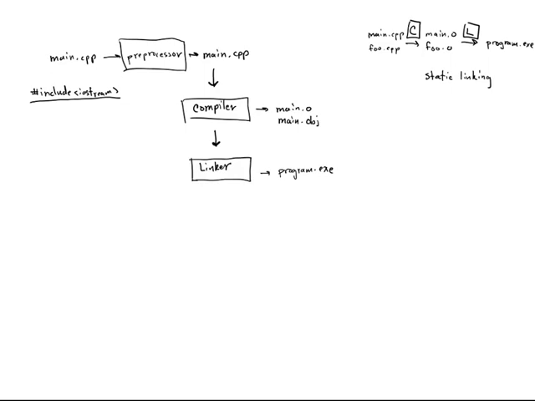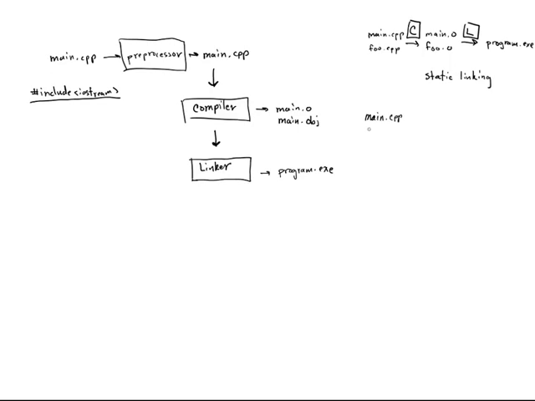So let's say that we have a, well, if we're including the IO stream, what's going to happen here is that we're actually going to get some dynamic linking. So we don't actually own the code or the object file for this. So let's use this example again.